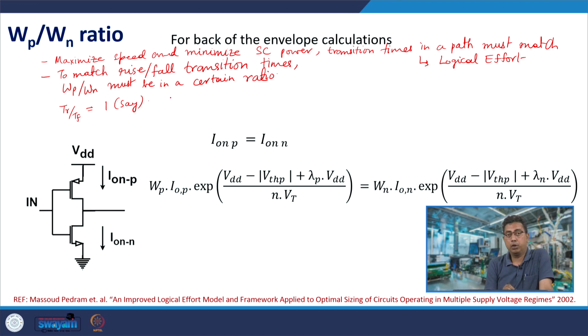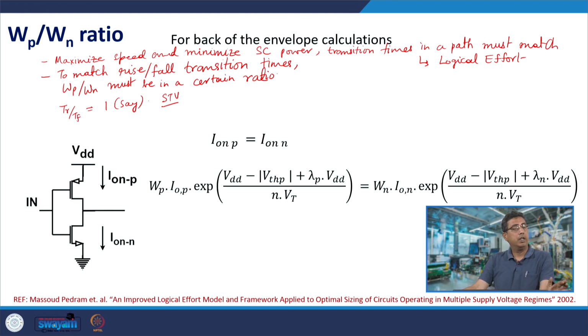So, to obtain this in the super threshold voltage regime, suppose you have a certain ratio of WP by Wn. Now, in the near threshold voltage regime, the currents are flowing through a different mechanism. In super threshold voltage regime, the currents are flowing mainly because of drift phenomenon, whereas in near threshold or sub threshold voltage regime, the currents are mainly flowing because of diffusion phenomenon.